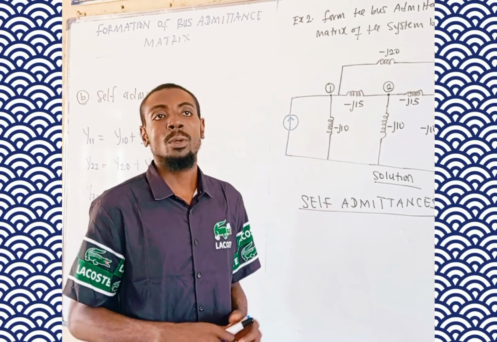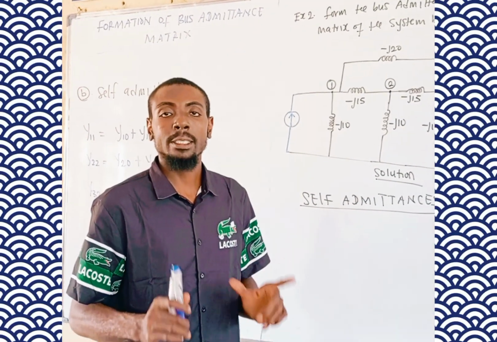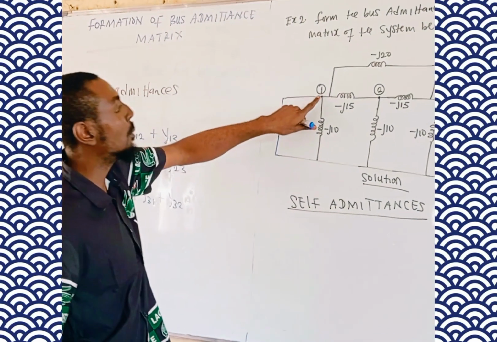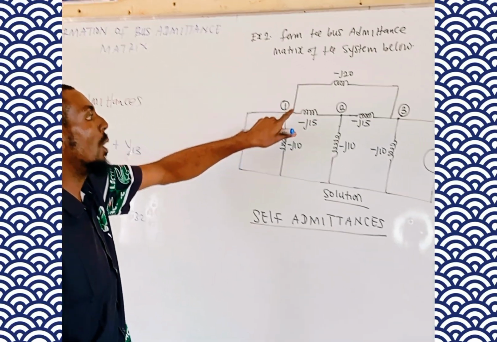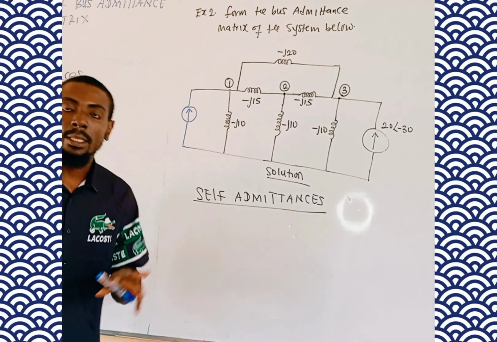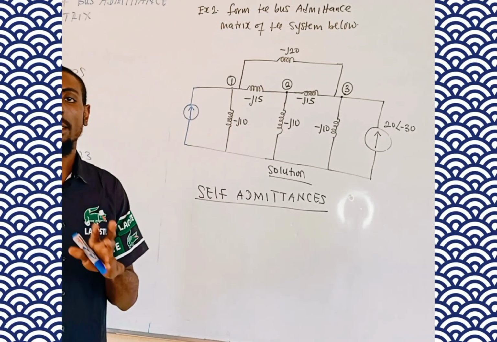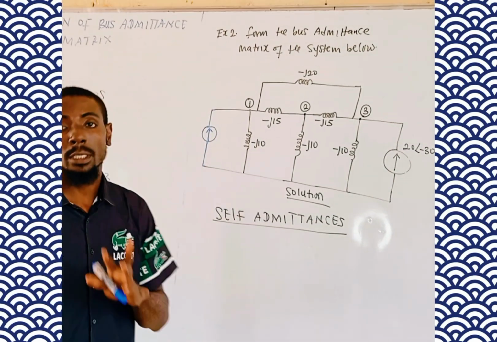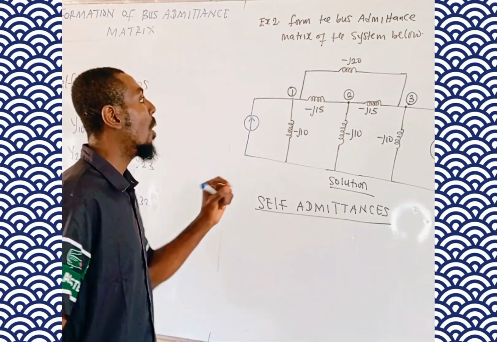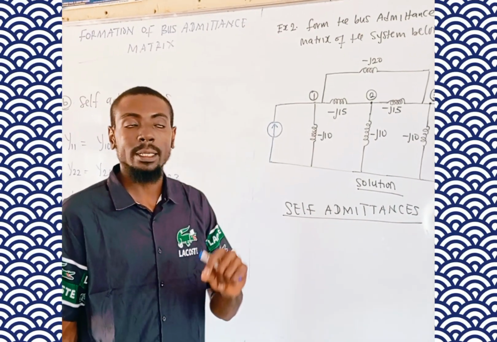I repeat, all admittances connected to bus 1 are known as the self-admittance. As you can see, we have 3 buses, 1, 2, 3, in this interconnected system, meaning our matrix is going to be a 3 by 3 matrix. The self-admittances are all the admittances connected to bus 1.